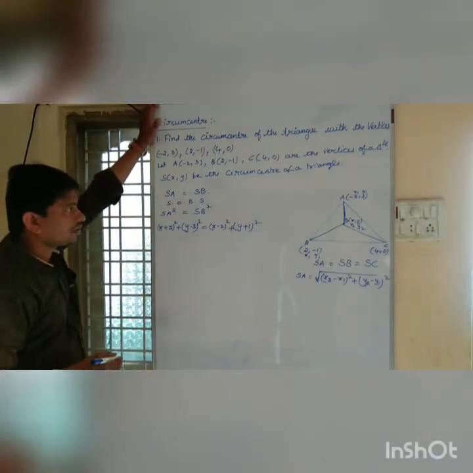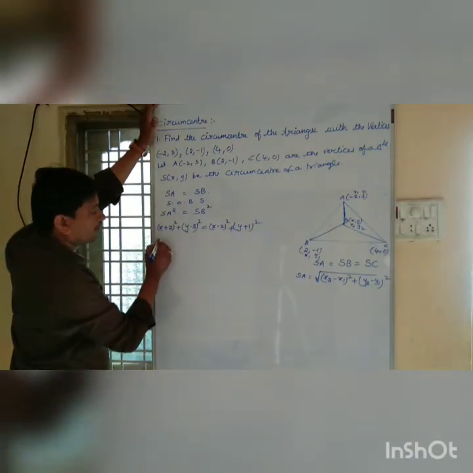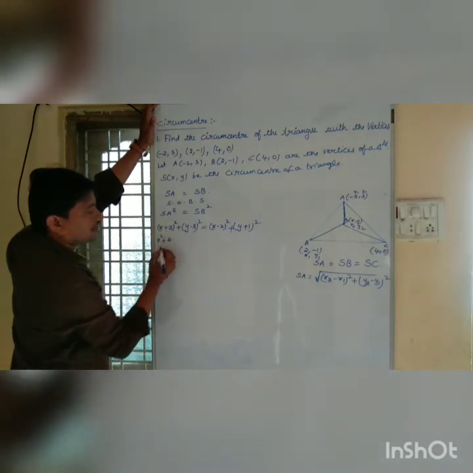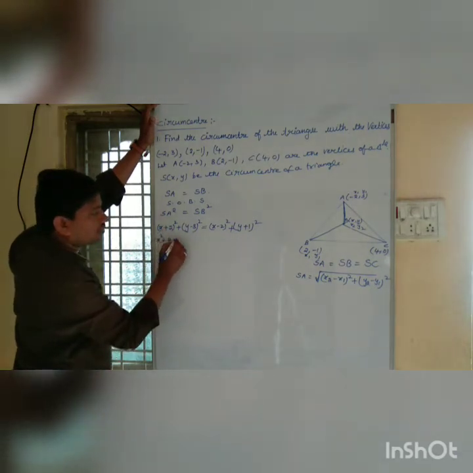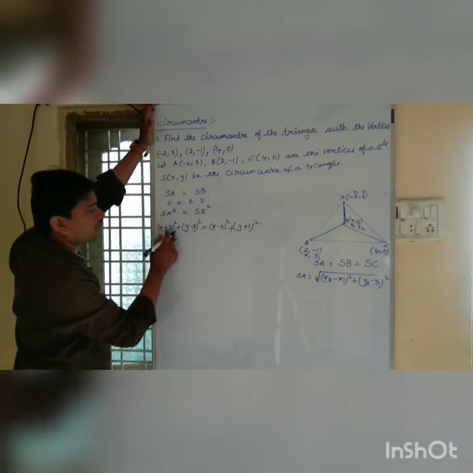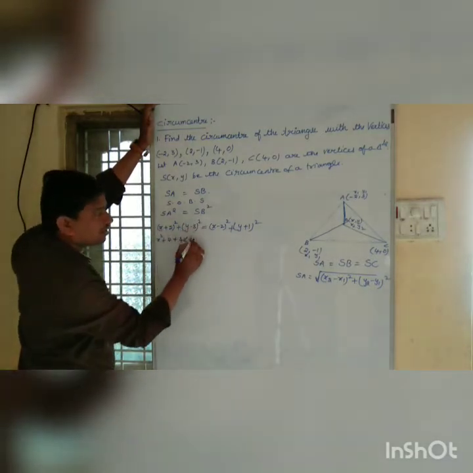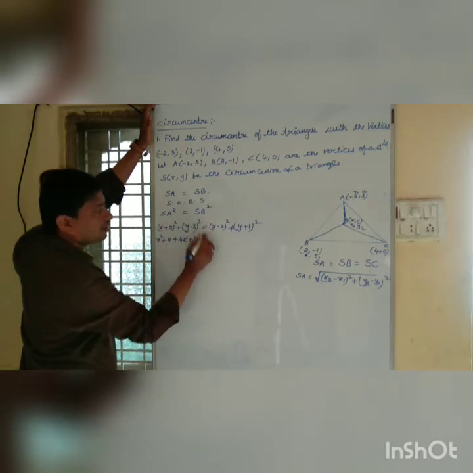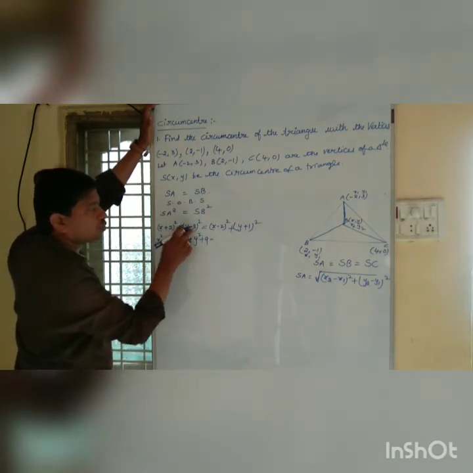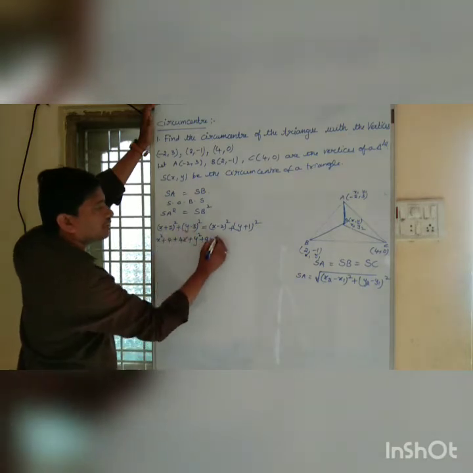Right? Now a plus b whole square is a square plus b square plus 2ab. Here x plus 2 whole square, 2 square value 4, plus 2 into x into 2, that is 4x. a minus b whole square is a square plus b square minus 2ab, so 2 into y into 3, that is 6y.